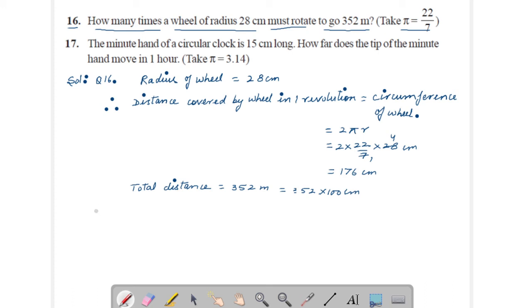Therefore, number of revolutions equal to total distance upon distance in one revolution, equal to 352 into 100 upon 176.